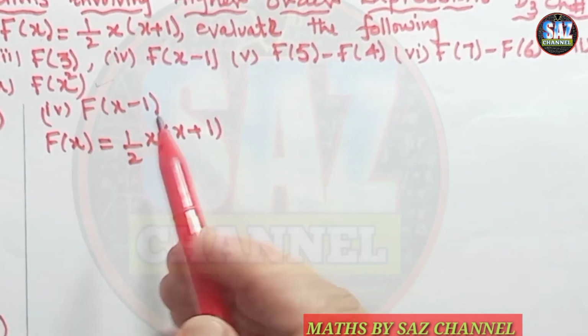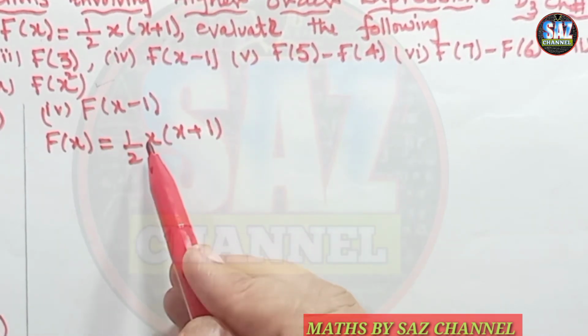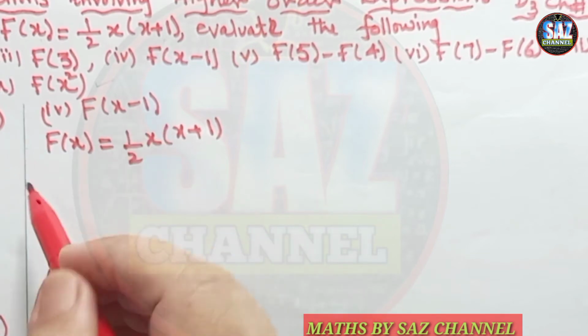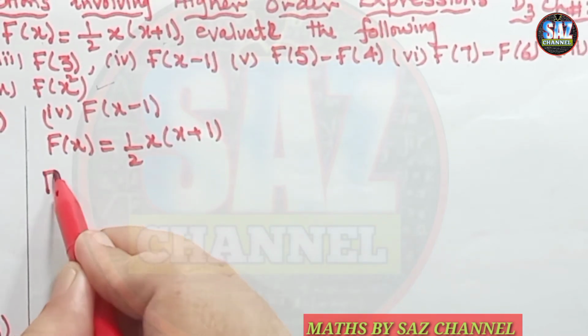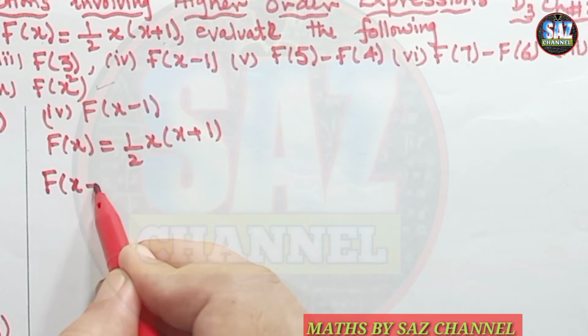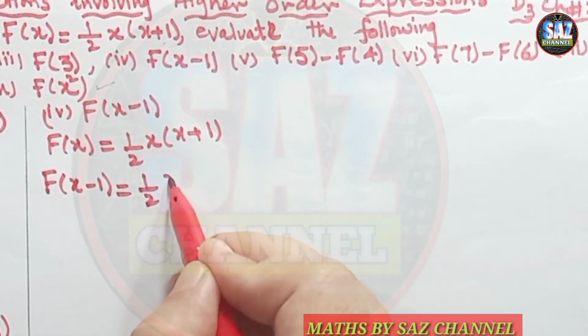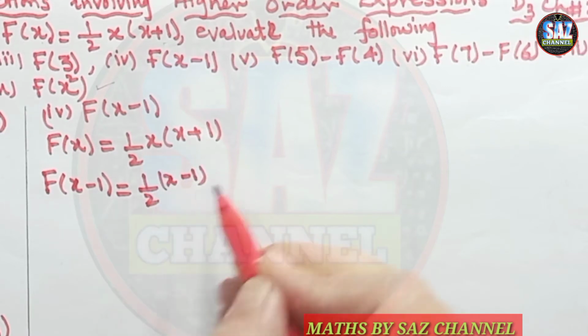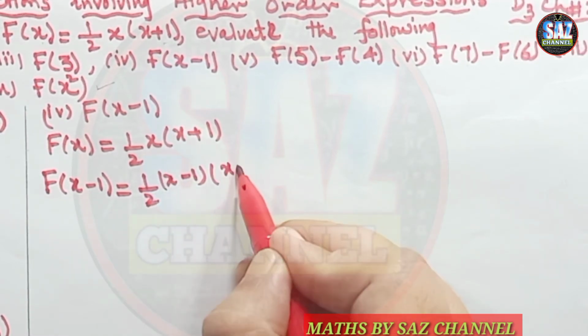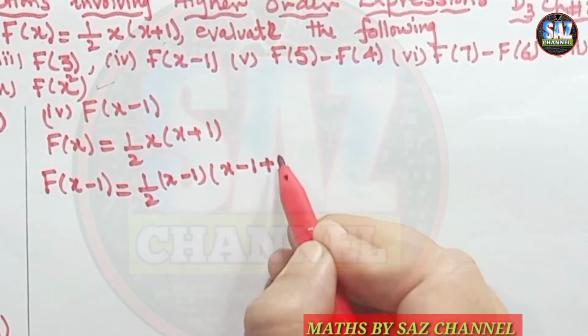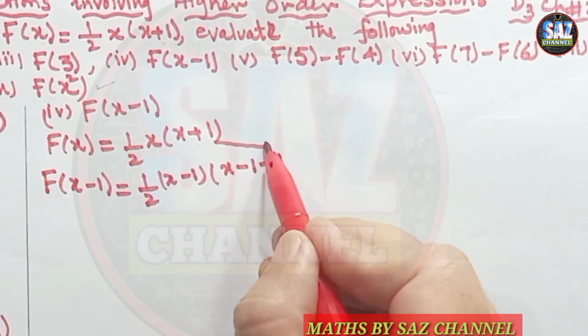Instead of the variable, replace x by x minus 1, and my function will take the form f of x minus 1 equals half into x minus 1 and x minus 1 plus 1. This 1 was originally already given in the question.